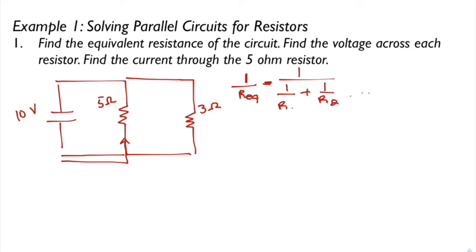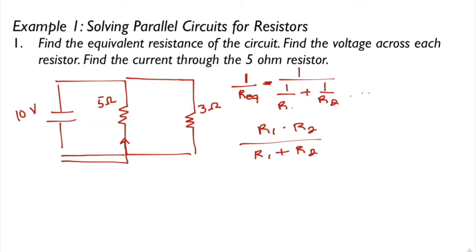So an alternative equation for that, which is a little bit nicer to solve for using a calculator or just solving in your head, is you can multiply R1 times R2 and divide that by the sum of R1 and R2.